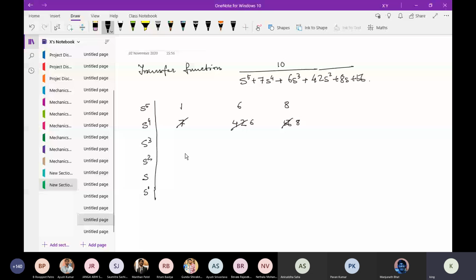And then you are going to land up with 1 into 6 minus 6 into 7, and we are going to form an auxiliary polynomial using this.